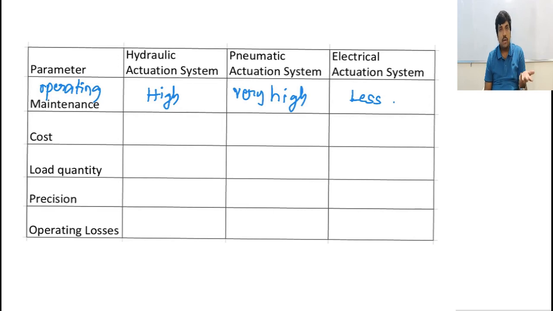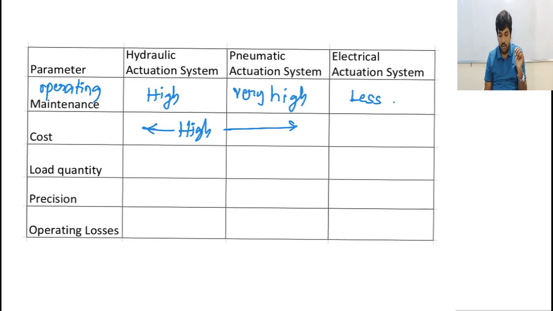Now the cost, as I said, operating cost is different and installing cost is different, but altogether mechanical actuation systems, these both require more investment. If you calculate the operating cost and initial investment together, then we cannot judge the mechanical actuation systems very easily.